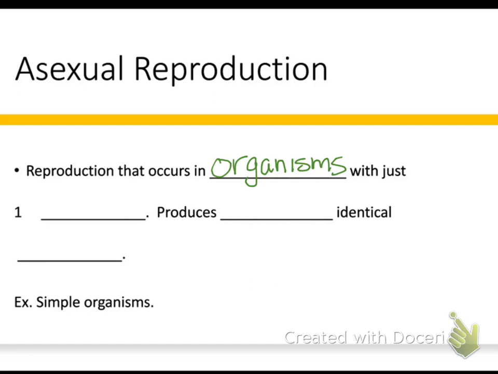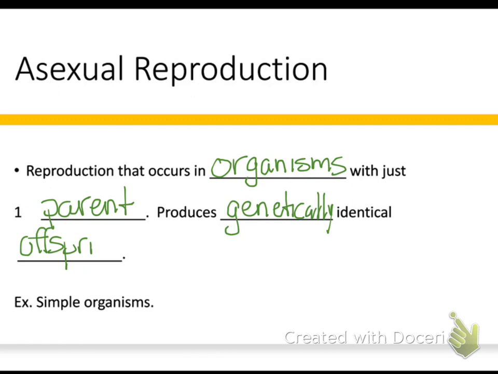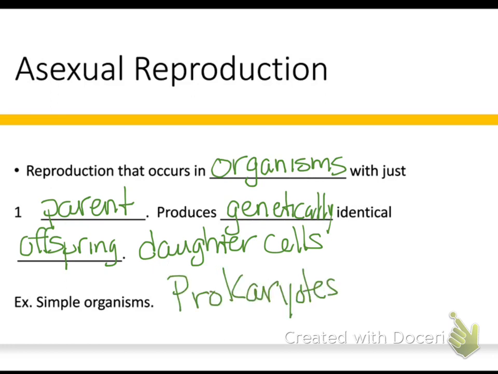So first, asexual reproduction is reproduction that occurs in organisms with just one parent. When this happens, it produces genetically identical offspring, and this is going to occur in simple organisms such as prokaryotes.